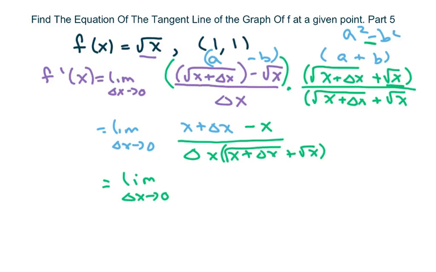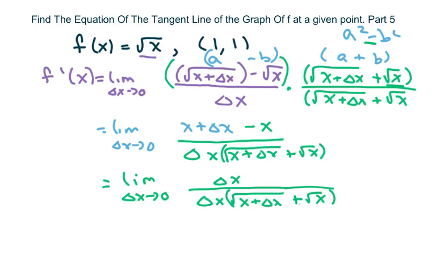So we're going to get delta x over delta x times the square root of x plus delta x, plus the square root of x.